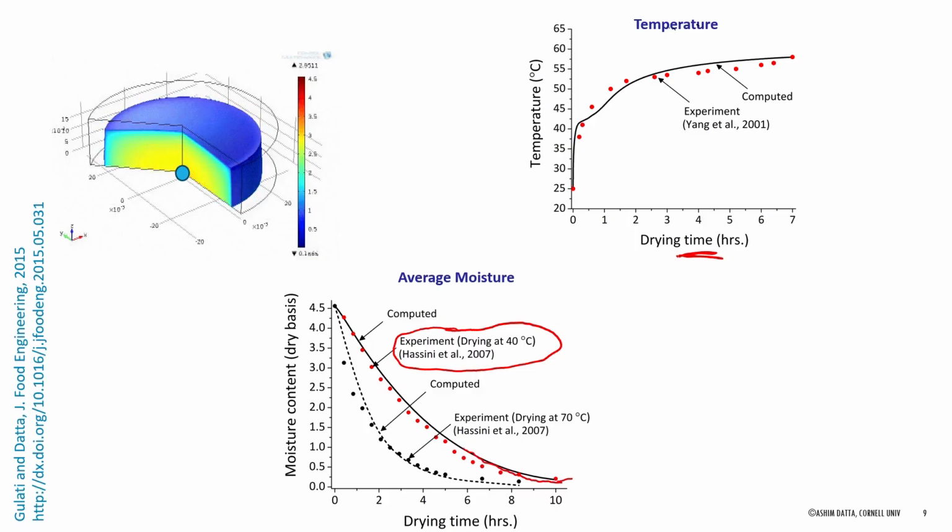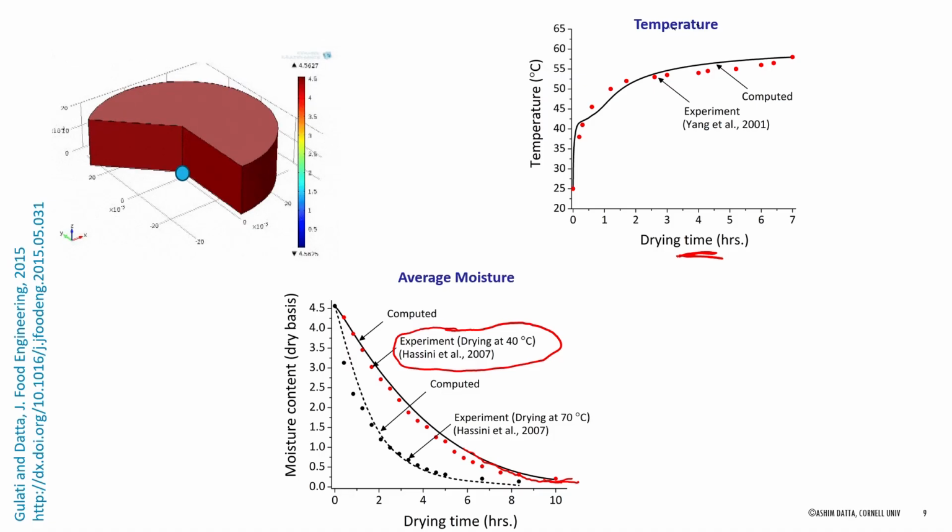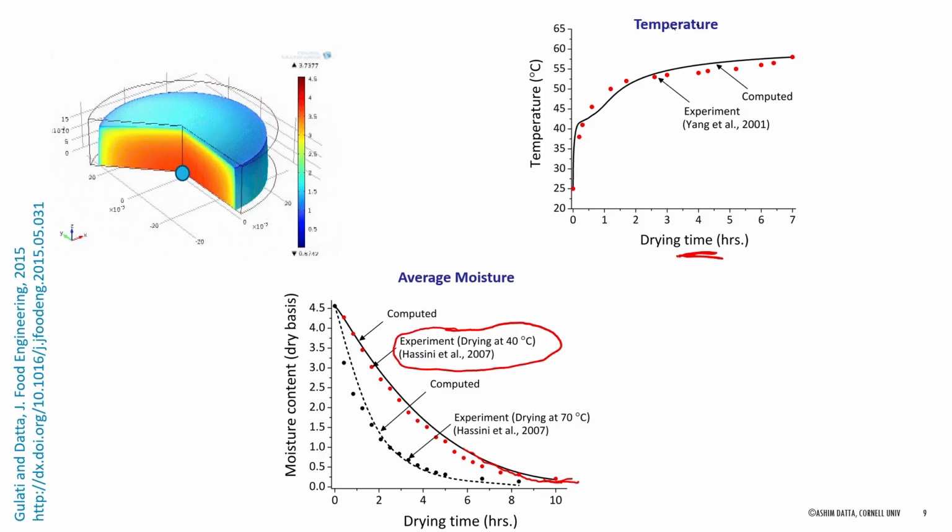That's because as it loses moisture, then the driving force between the moisture in the food and the surrounding air, that driving force is also going down. So the rate of moisture loss is also going down, which will come back in a second.